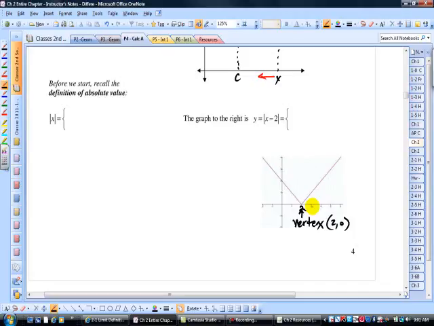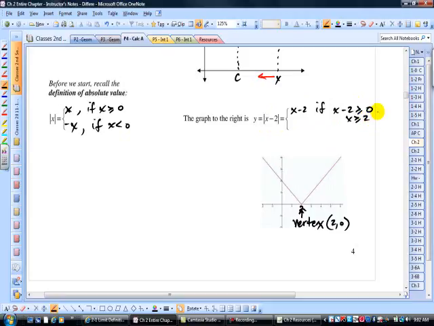And to start here, what we're going to do is recall the absolute value definition. The absolute value of x is equal to x if x is greater than or equal to 0, and is equal to the opposite of x if x is less than 0. Okay, there's your basic definition of absolute value that you saw last year in Algebra 2. So for us over here, if we consider y equals the absolute value of x minus 2, well then it must be equal to x minus 2 if x minus 2 is greater than or equal to 0, which means x has to be greater than or equal to 2.